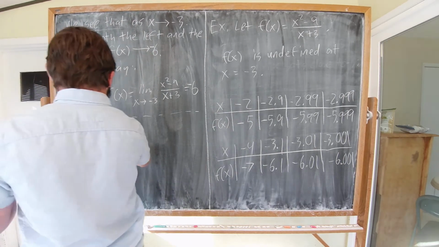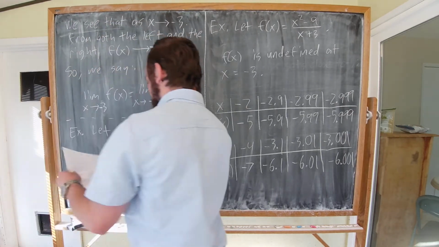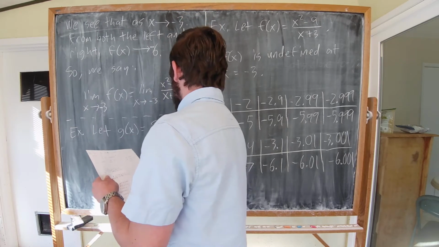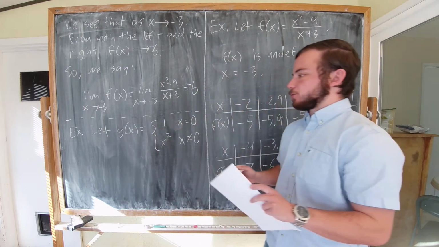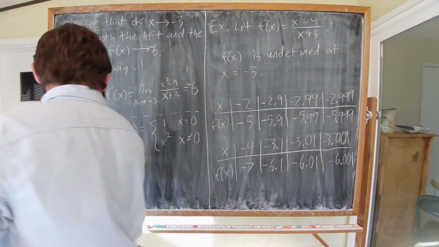Let g of x equal 1 at x equals 0 and x squared for x not equal to 0. Do a quick graph of that function.